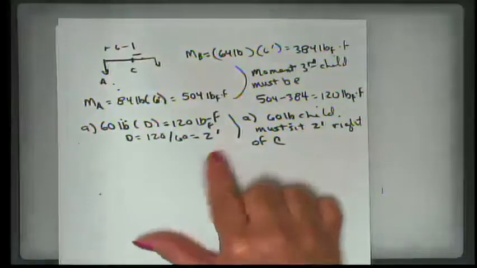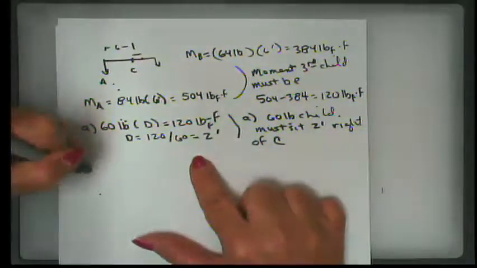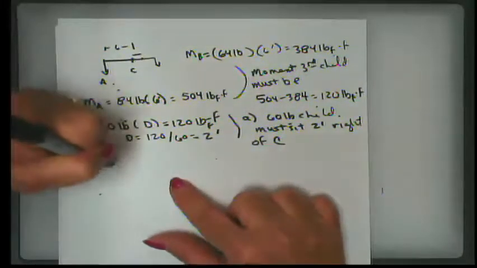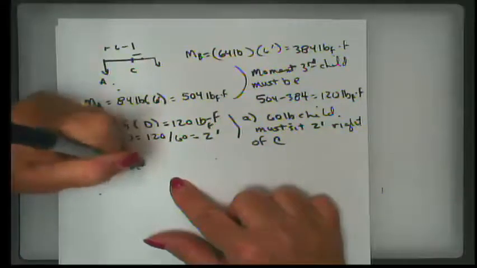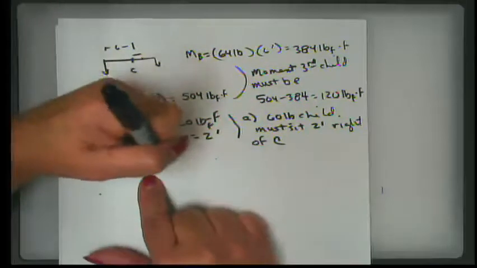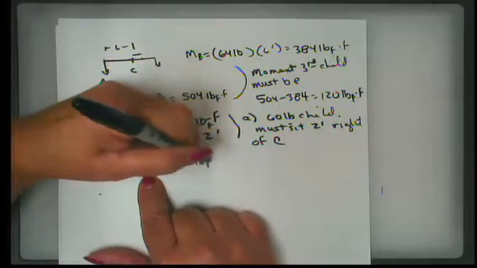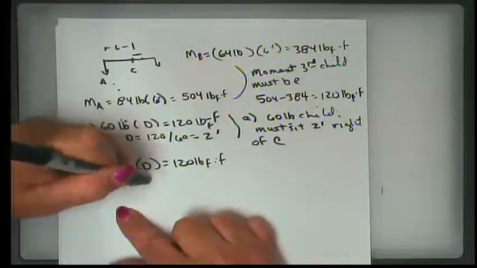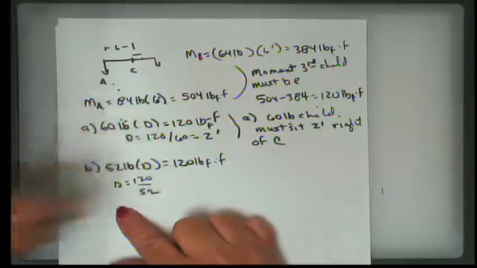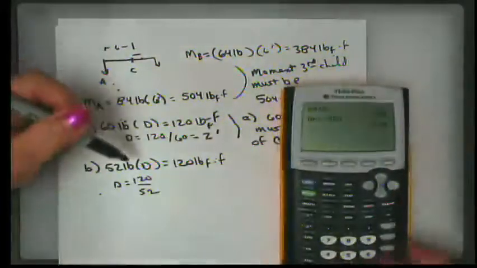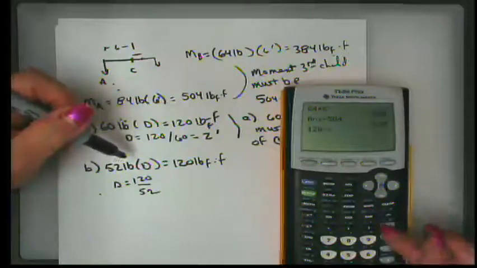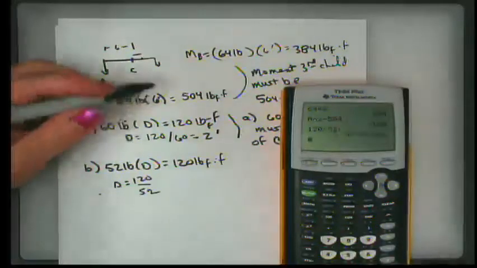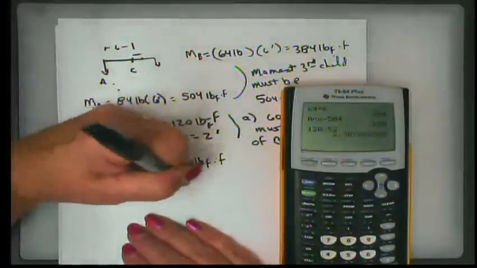All right? And then in the second case, we're told that the child weighs 52 pounds. So it's a similar process. 52 times D still has to equal 120 foot-pounds. So in this case, D is 120 divided by 52, which equals 2.307.